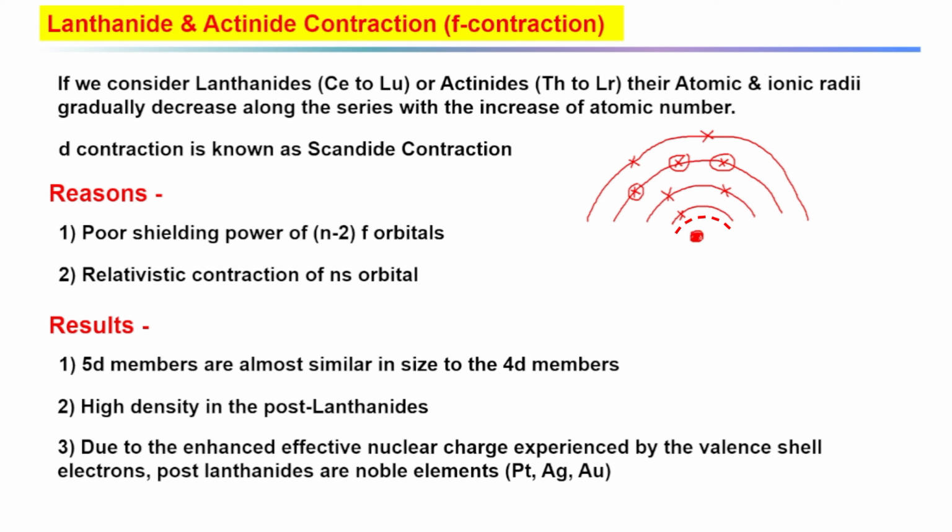It is attracting all the electrons, right? Now it is attracting this one, this one, all of these electrons. These previous electrons are screening the positive charge of the proton. If they fail to screen that, if their shielding power is not good, then this proton will have higher attraction to this outermost electron, right?